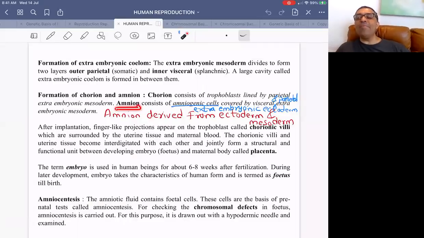So where is this amnion actually derived from? Extra embryonic ectoderm and extra embryonic mesoderm. तो ये याद रखना बेटा, amnion extra embryonic ectoderm, that is amniogenic cell से, और extra embryonic mesoderm visceral and parietal extra embryonic cell से amnion बनता है.